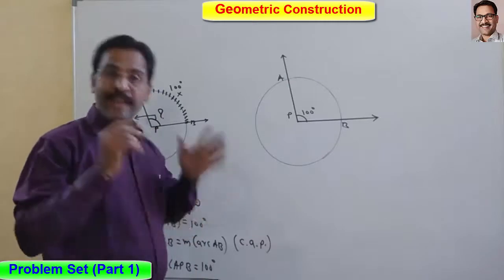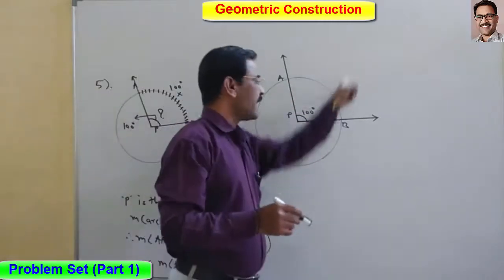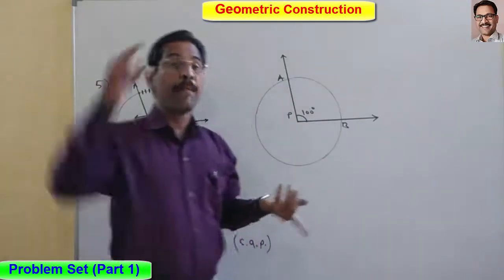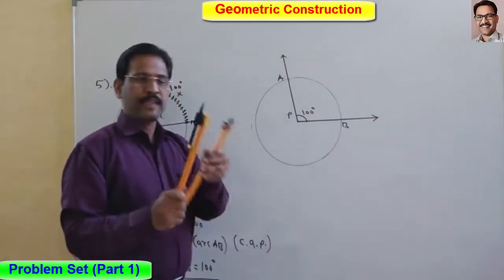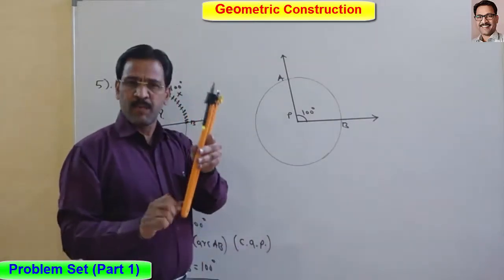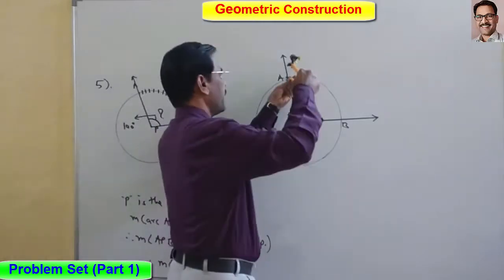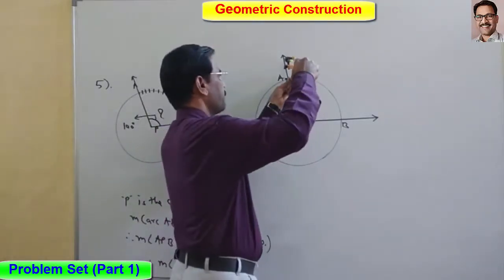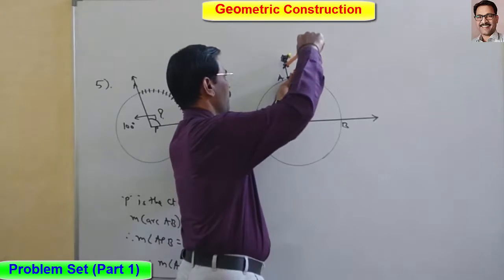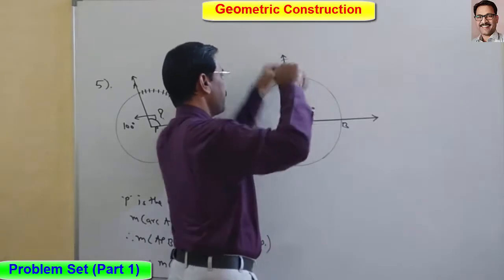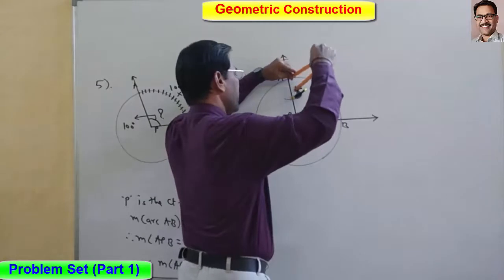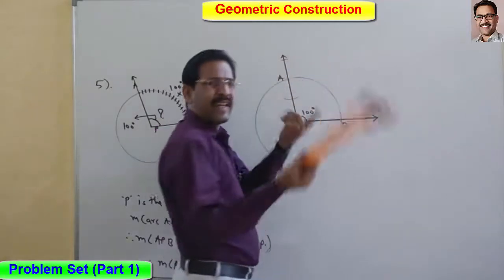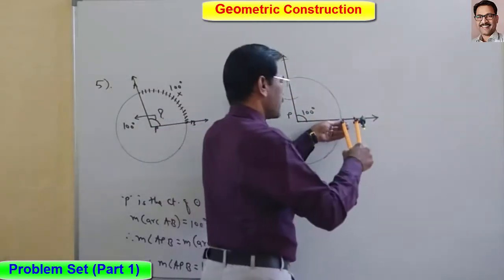We have to draw the tangents from A as well as from B, and that is by using the construction method. Okay, see. Now I'll take some distance in the compass. I'll put it here on A, and from this side as well. From both sides we have to draw the arcs. You can take any other distance, but I'll take the same distance from B as well.